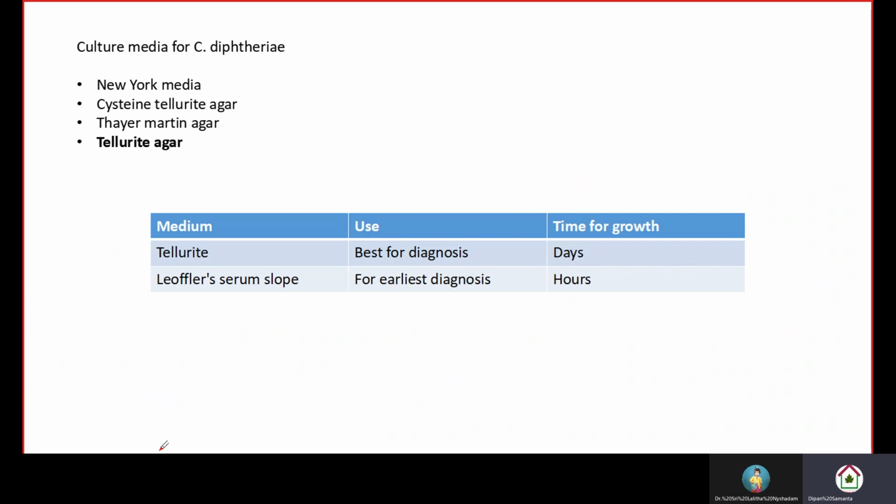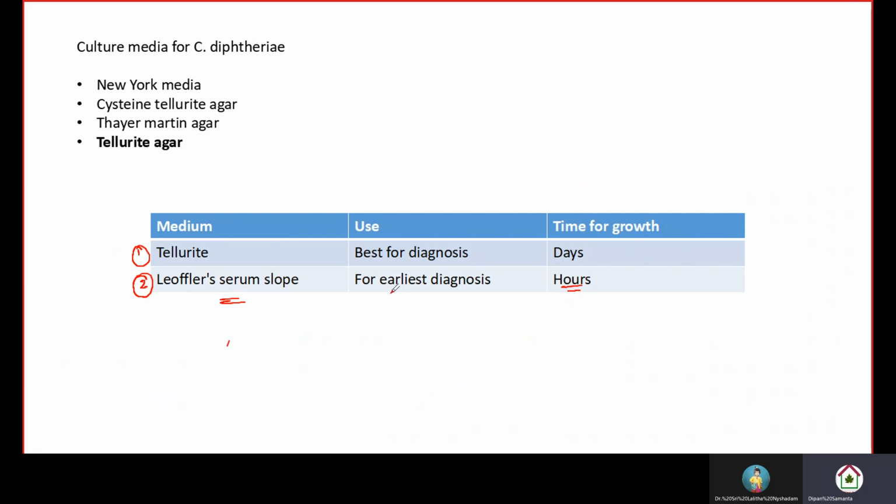Now, two media are important for C. diphtheria. One is tellurite, another is Loeffler serum slope. Tellurite is the best medium for diagnosis, but the problem is it takes days for identification. Loeffler's is also very good, and we can identify C. diphtheria in Loeffler's medium within hours.